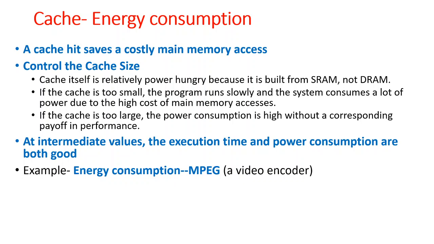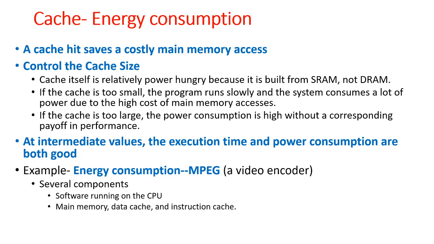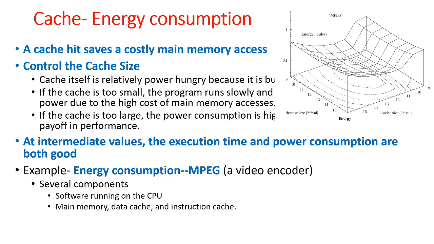Energy consumption, for example, with the MPEG video encoder. This has been released in a paper showing how the energy consumption varies with respect to the execution. So what are the components? Software running on the CPU, main memory, data cache, instruction cache. See this diagram: here you can see instruction cache size and data cache size. Your energy varies with respect to instruction cache size and data cache size.